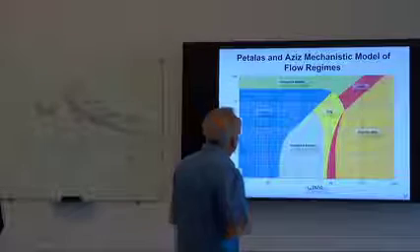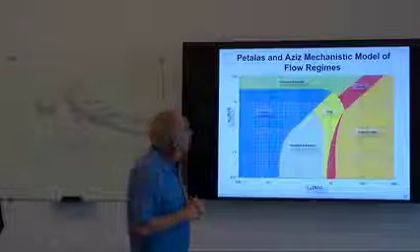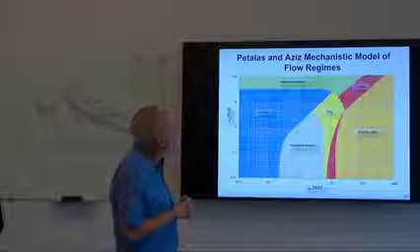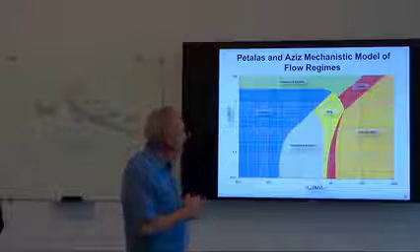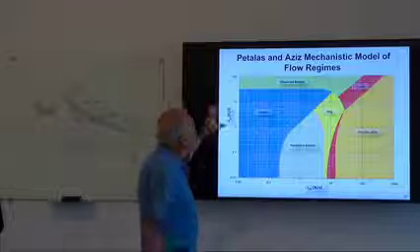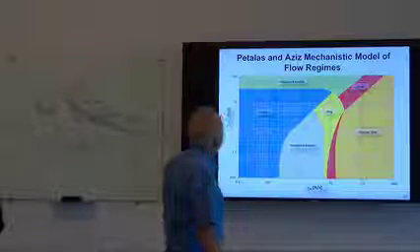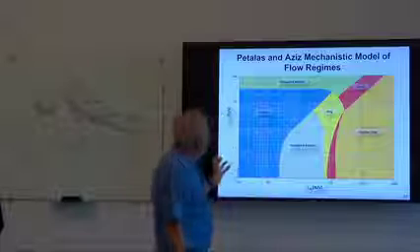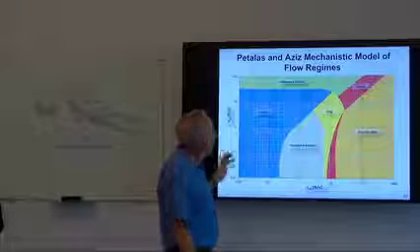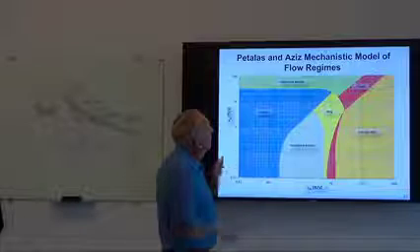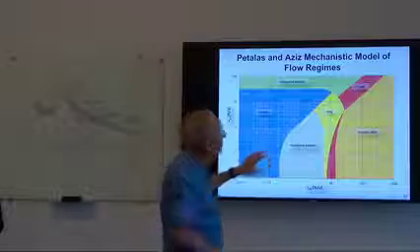There's different ways of looking at this. This is just a quick example of the Pellis-Aziz mechanistic model, something that I looked at a very long time ago, but looking at the velocity of the liquid versus the velocity of the gas, and if you vary these rates both up and down in relation to one another, you can get these various forms.